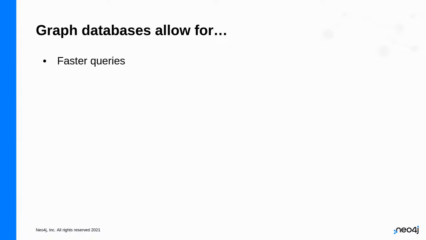Whereas graph databases treat relationships, we say this a lot, as first class entities. And what that means is that because our data is stored as relationships within a graph database, searching across them is super easy, super fast, super efficient.